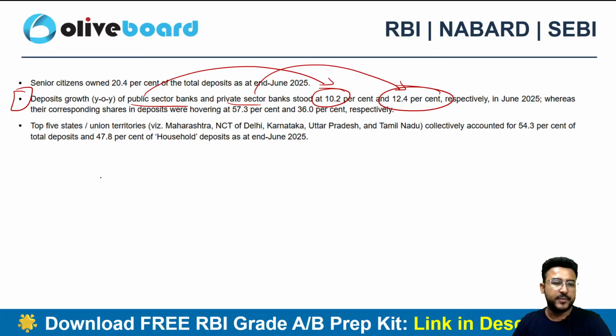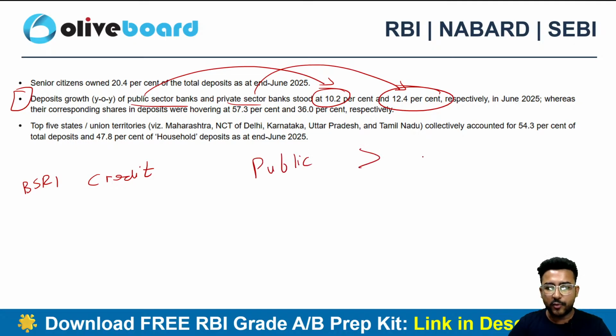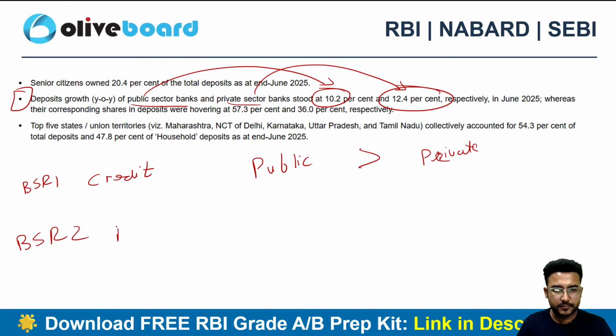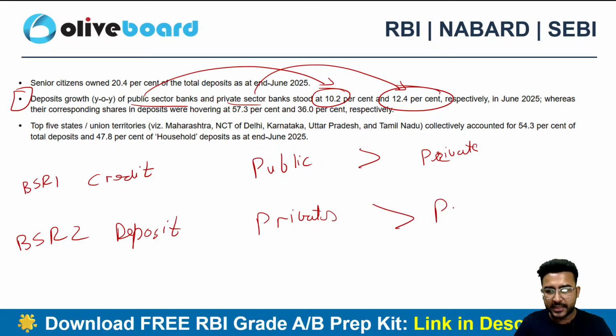So can I say that in case of credit, which is BSR 1 data, public sector banks were outperforming the private ones. But as per the BSR 2 data, which is related to deposits, private sector banks are outpacing the public sector banks, right? This is the case of deposits.